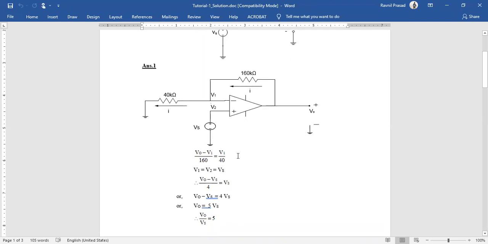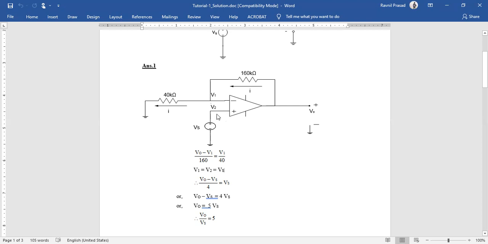Now, in a feedback amplifier, the gain is defined by the feedback itself, not by the op-amp. What that indicates is that the voltage difference across the positive and the negative terminal will be 0, isn't it?